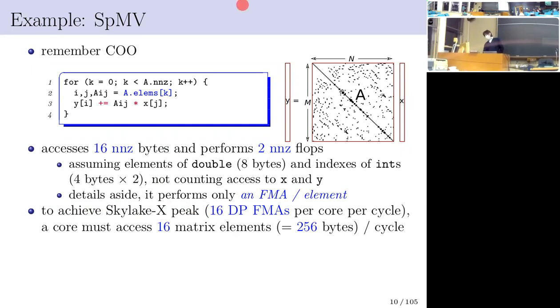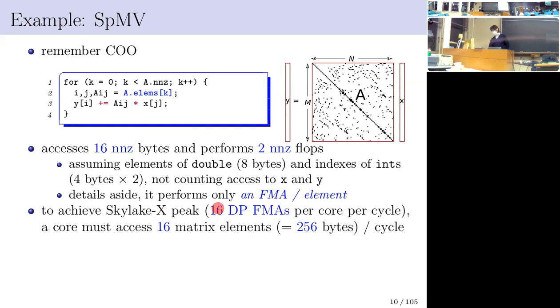So assuming 512-bit SIMD instructions, a single FMA instruction can do 8 double precision FMAs. Because the processor can execute 2 FMA instructions every single cycle, it can perform 16 double precision FMAs per cycle per core.